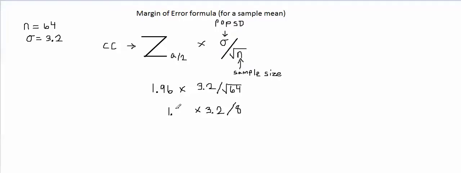The reason why the square root of 64 is 8 is because the square root of a number is just the number that, when multiplied by itself, gives you that number. So the reason why the square root of 64 is 8 is because 8 times itself equals 64. 8 times 8 is 64.